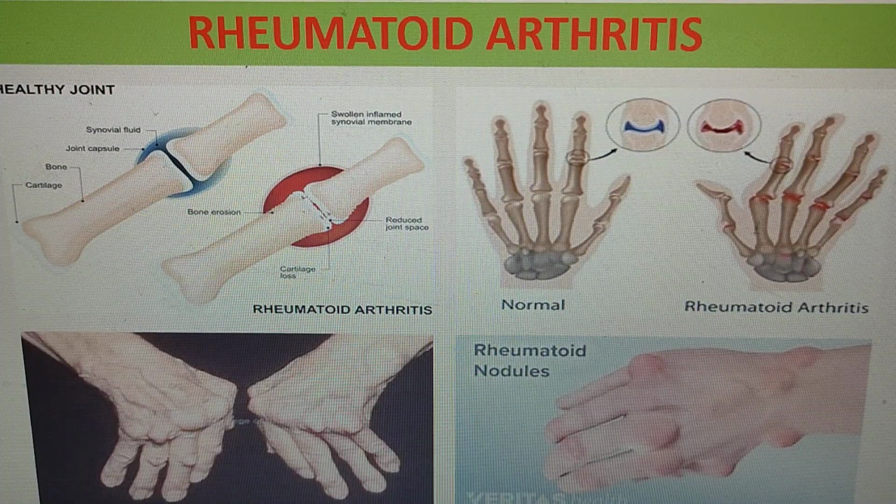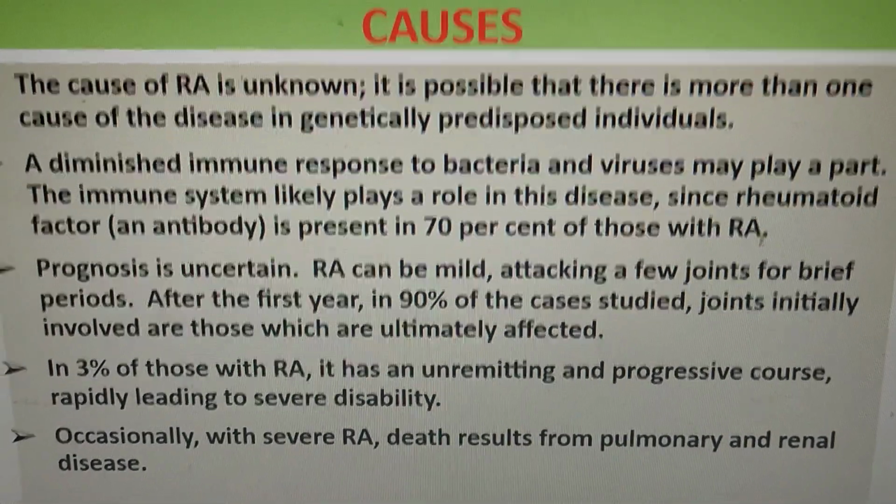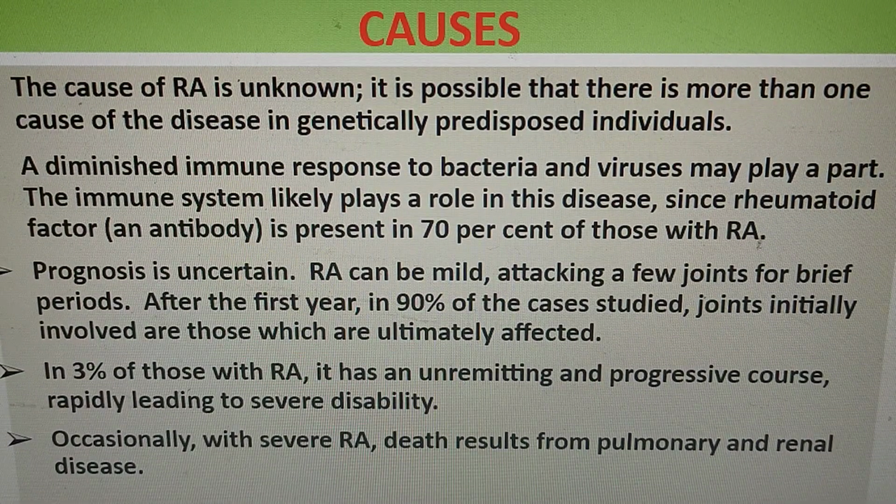So take a look at this picture, guys, for rheumatoid arthritis. This is how the joints of a person with rheumatoid arthritis look, okay? The cause of rheumatoid arthritis is unknown. It is possible that there is more than one cause of the disease in genetically predisposed individuals, okay?